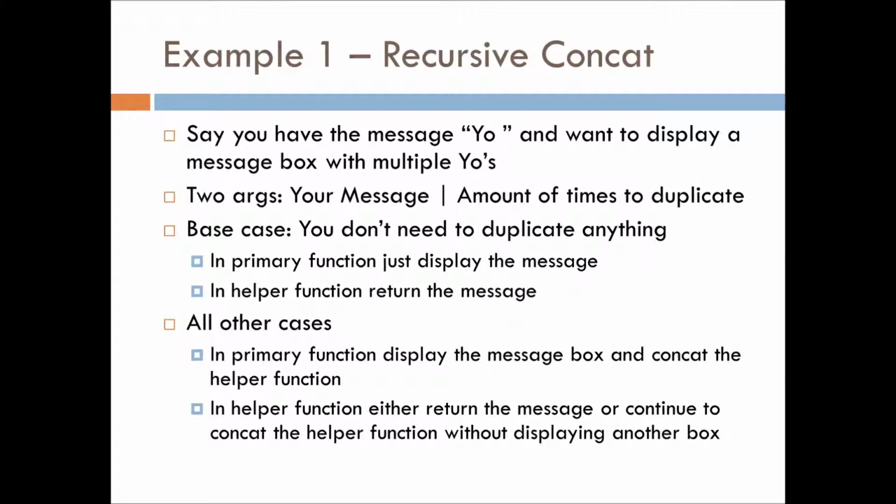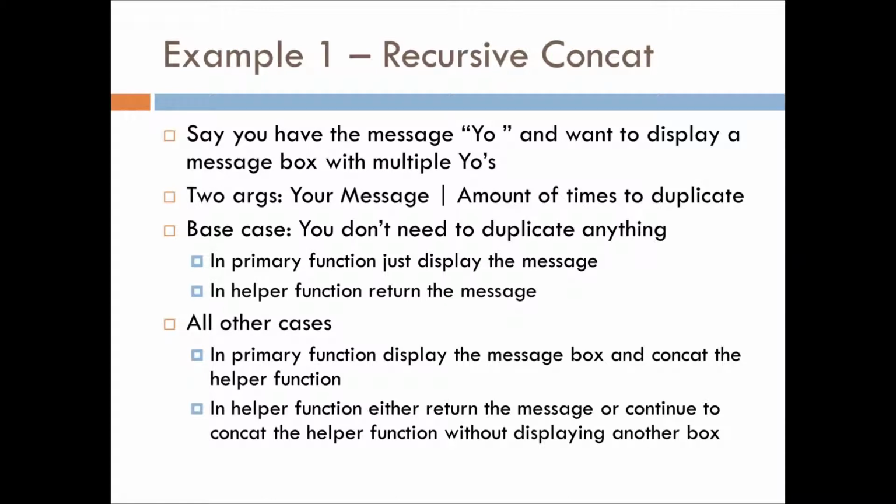So the base case, you don't need to duplicate anything, so you just display the message. If you are in the helper function and you don't need to duplicate anything, you just return the message without concatenating anything. In all other cases, in the primary function, you display the message in the message box. Then within that message box call, you will be doing your message concatenated with the helper function.